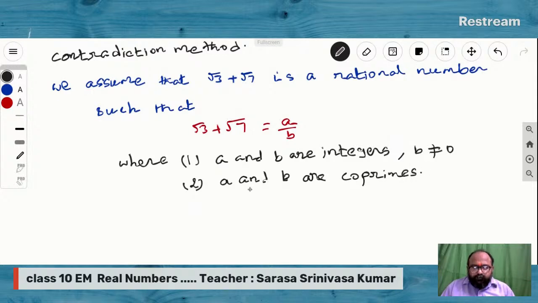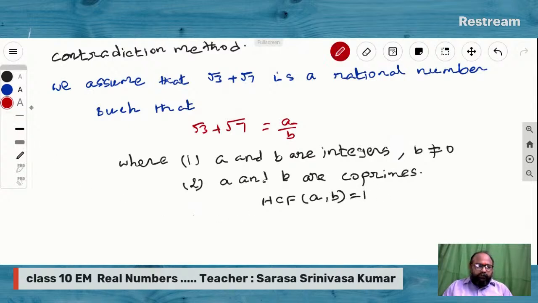What is the definition of co-primes? If the highest common factor of two positive integers is 1, then we say that they are co-primes. So we write highest common factor of a and b equal to 1.